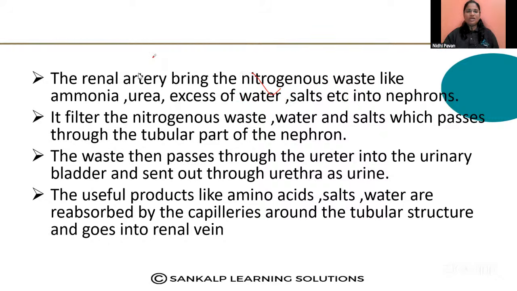So what is the work of the renal artery? It will bring the ammonia, urea, excess water and salts present in the blood to the kidney. It filters the nitrogenous waste, water and salts, which pass through the tubular part of the nephron. The nitrogenous waste will be filtered from the blood. Water and salts are passed through the tubes of the nephron. The waste then passes through the ureter into the urinary bladder and is sent out through the urethra as urine.